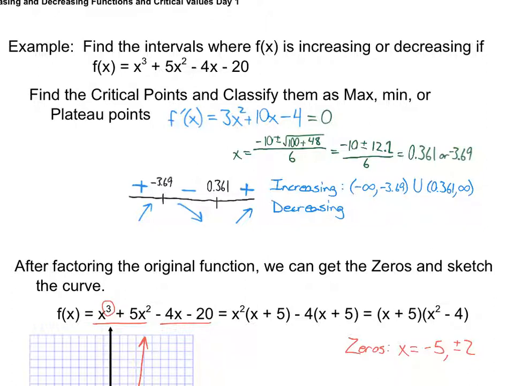Okay? So those are the two intervals where our function is increasing. We are decreasing between those two critical values, negative 3.69 to 0.361. Okay?